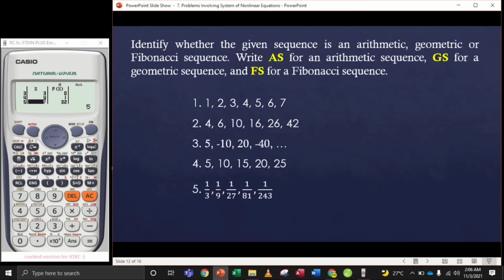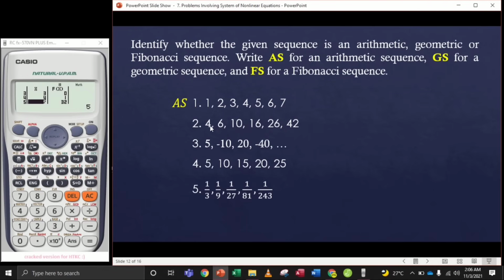Okay, for number 1, the given is 1, 2, 3, 4, 5, 6, 7. So anong sequence siya? So that is arithmetic kasi yung common difference nila is 1. So AS ang sagot.